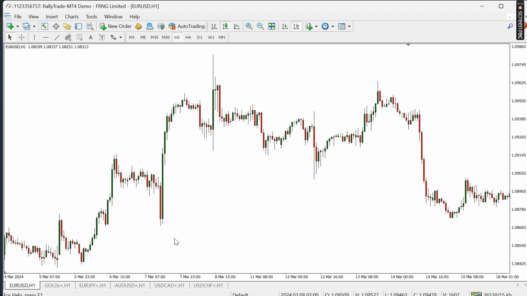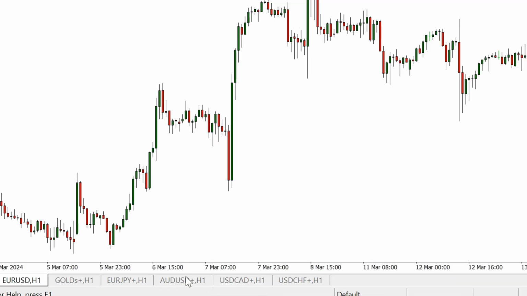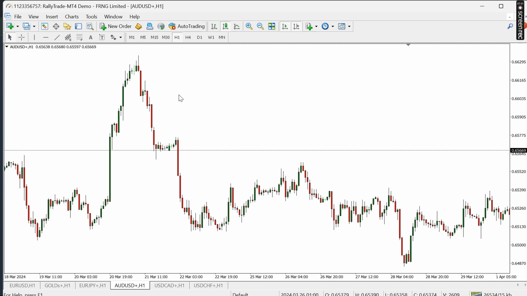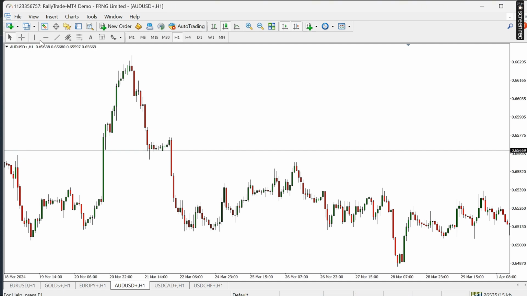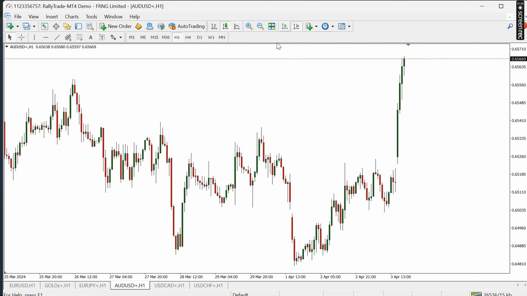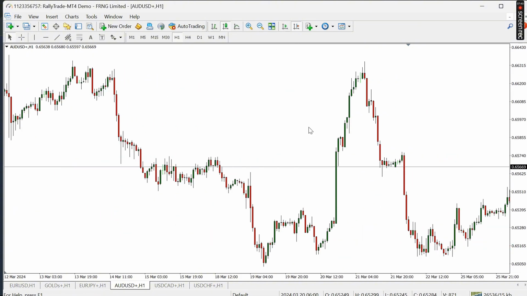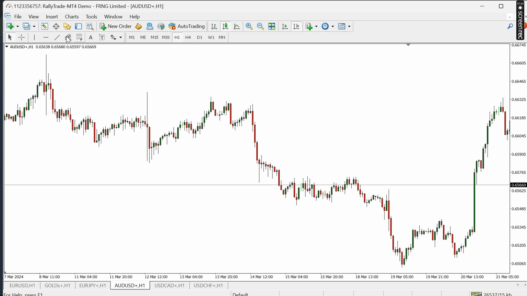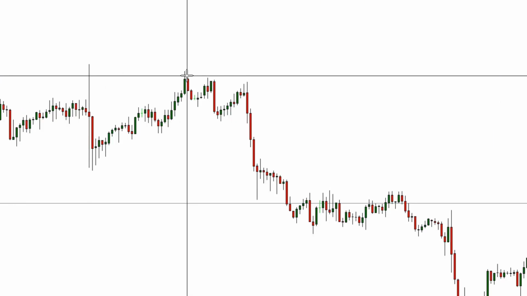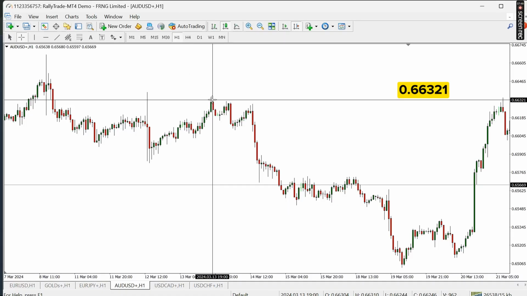So let's look at another instrument or currency pair, which is AUD/USD on the 1 hour time frame. Let's check the chart again. You can see this particular level here at price 0.6632.